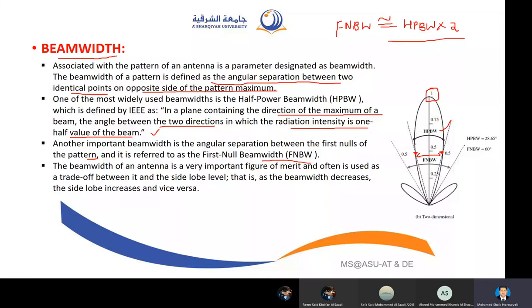In other words, it is the separation between the first nulls. You draw two straight lines like this, and the angle between them is known as the full null beam width. You can see in the figure as shown here. It is easy to calculate, since it will be approximately equal to twice the half power beam width. Approximately, not exactly.